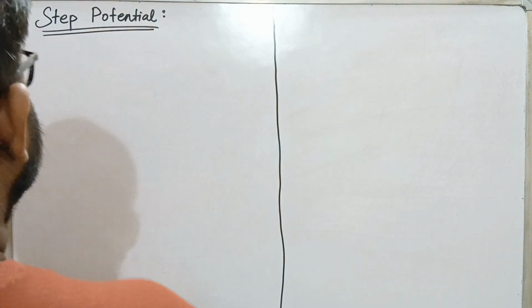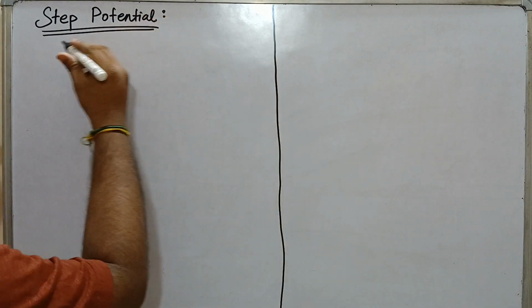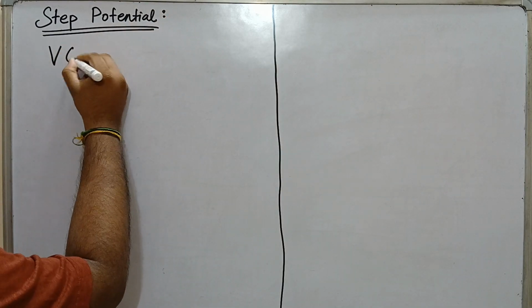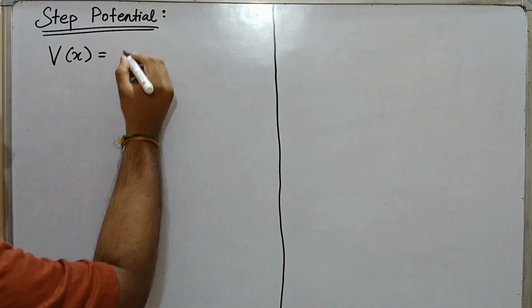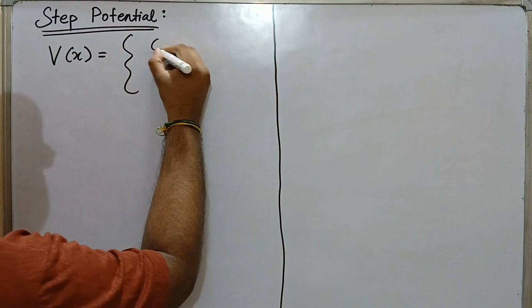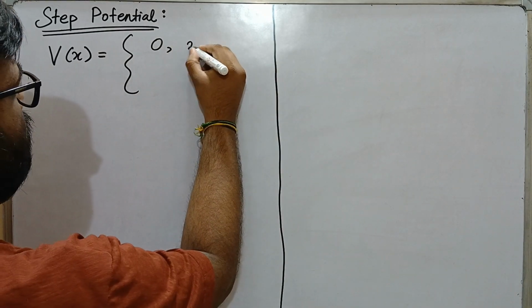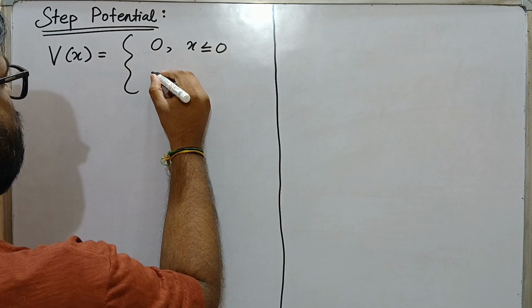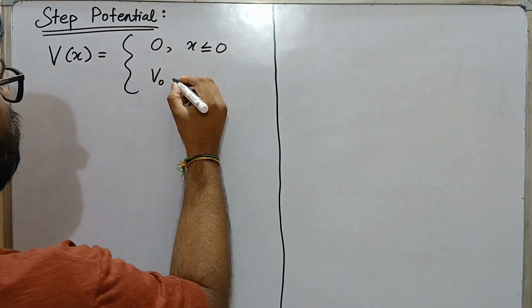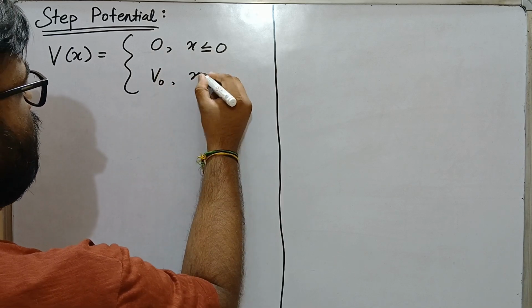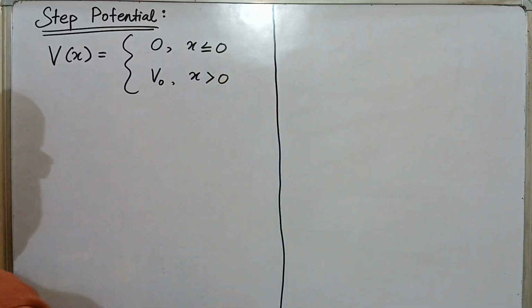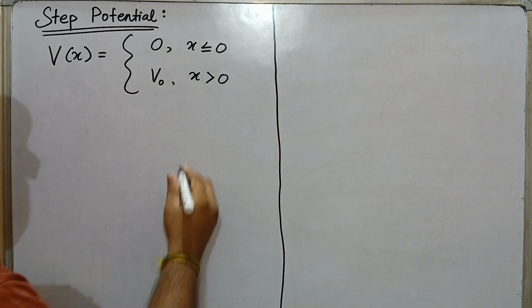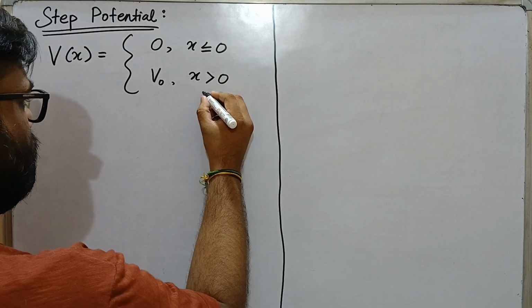That's right. So how do we define the step potential? This is how we define it. It is 0 when x is less than or equal to 0, and it is a finite value V0 when x is greater than 0. This gives us a potential like this.